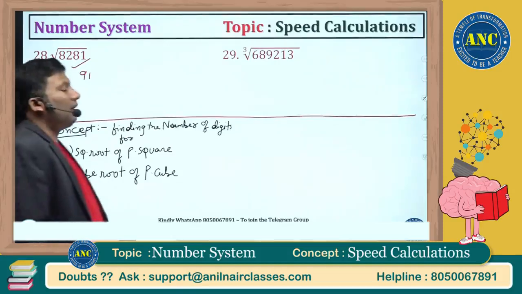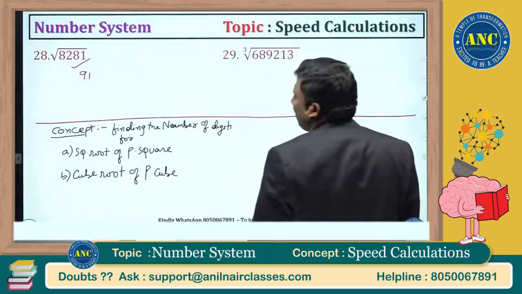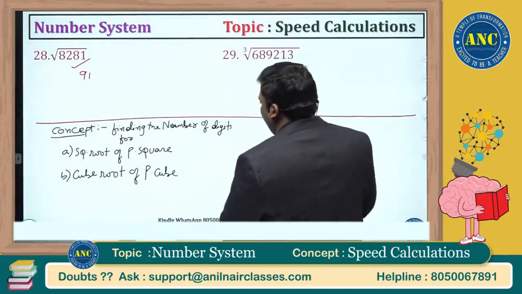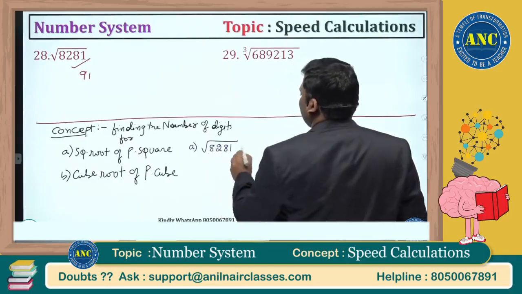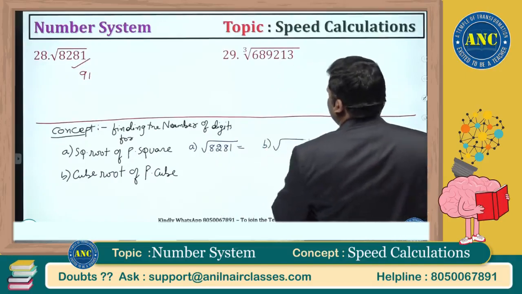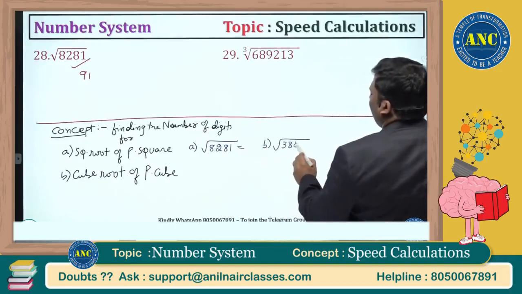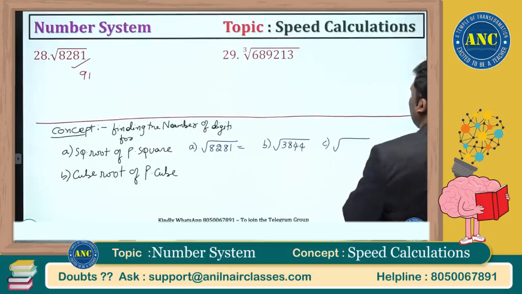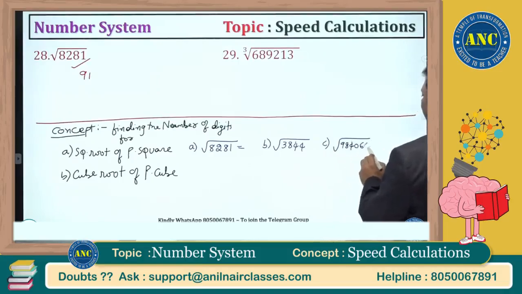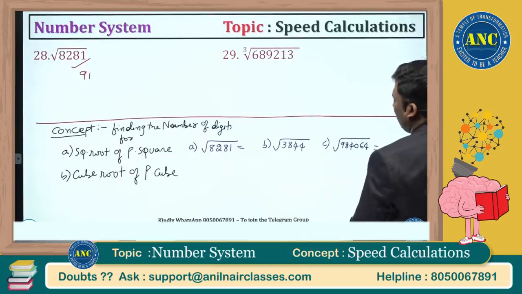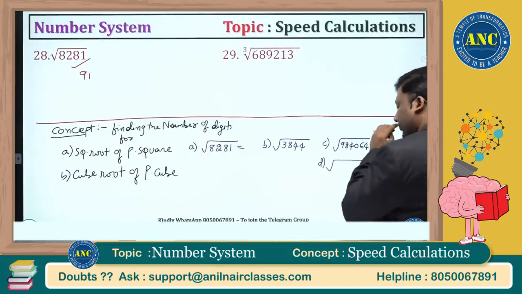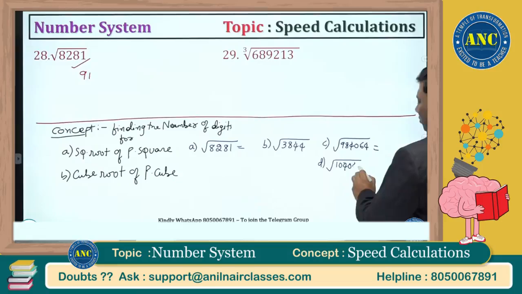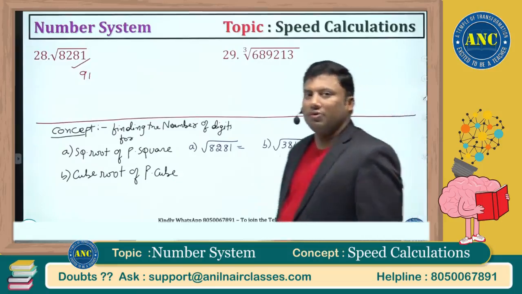How to find the number of digits for square root of perfect square, cube root of perfect cube. Now see here. Square root of 8281, square root of 3844, square root of, for example, 984064, and one more example, 10404.